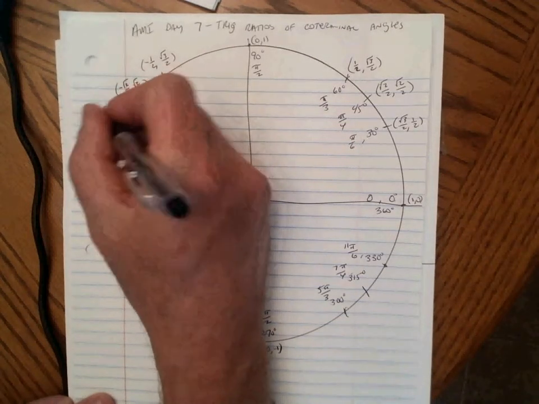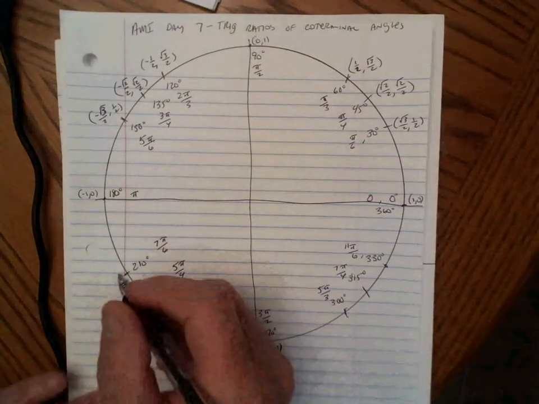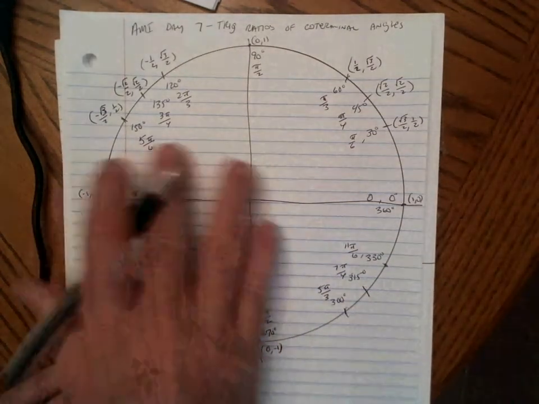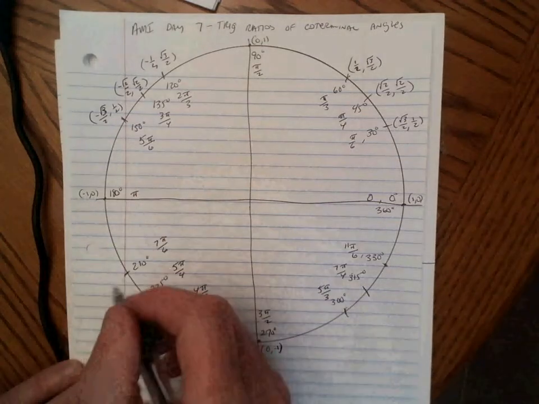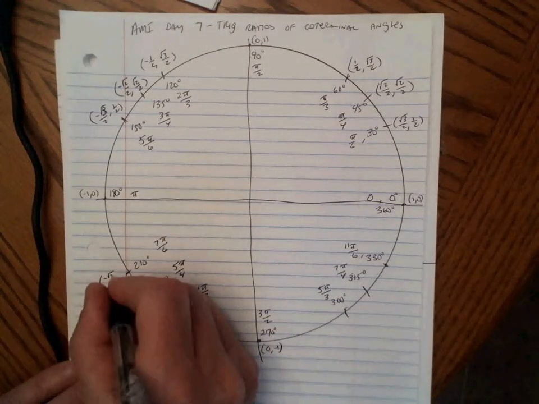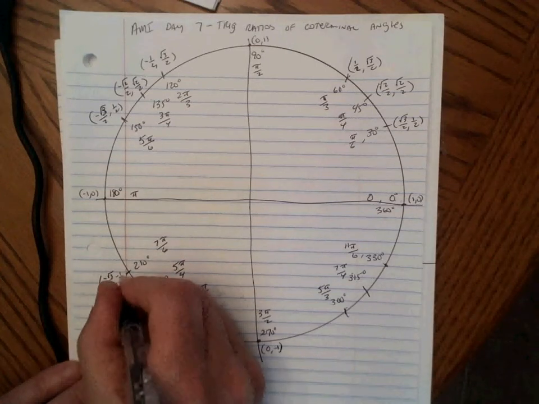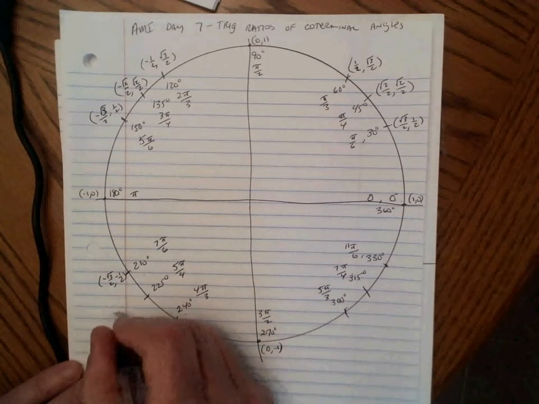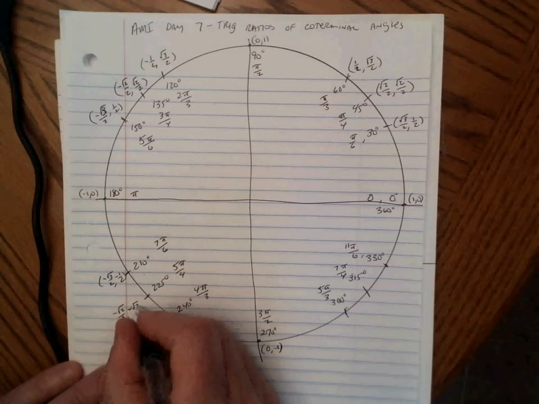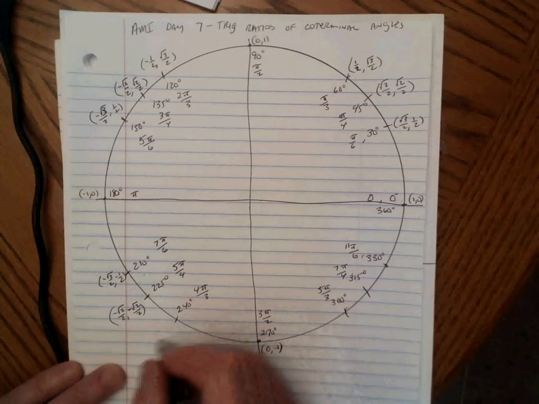You can see all these square roots of 2, square roots of 3, square roots of 2 over 2, all this, these are very similar and easy to confuse if you don't know this circle. You have to know and understand the circle. As I told you while we were in class, everything I teach you in trig is going to be based off this circle.